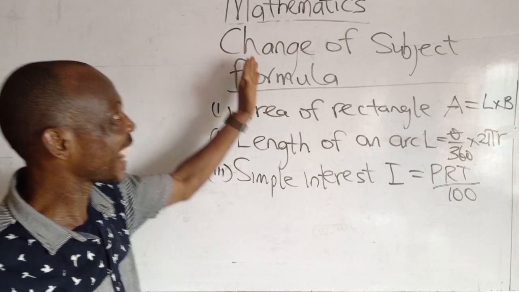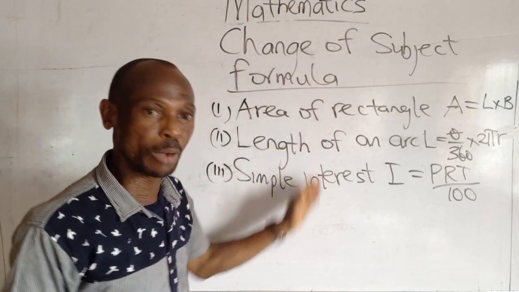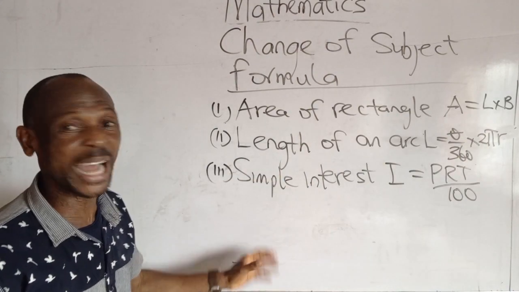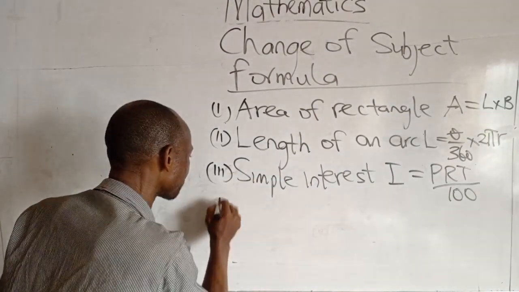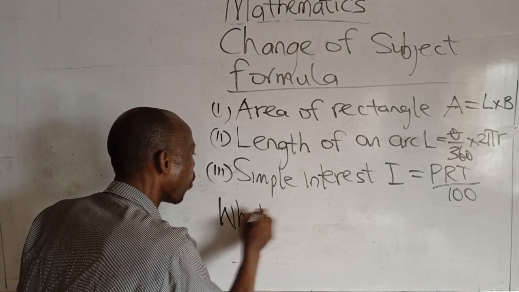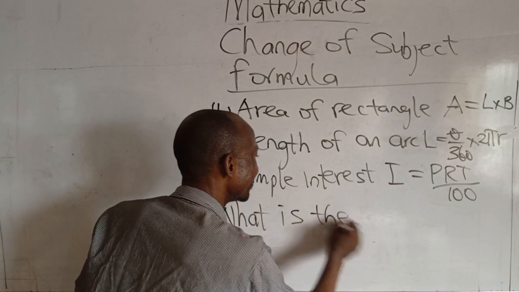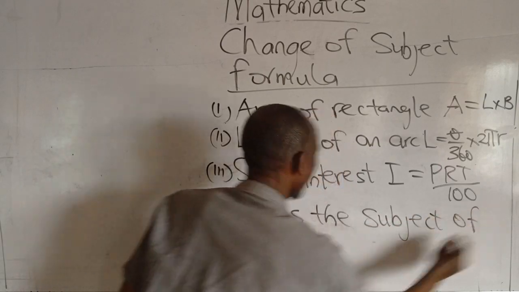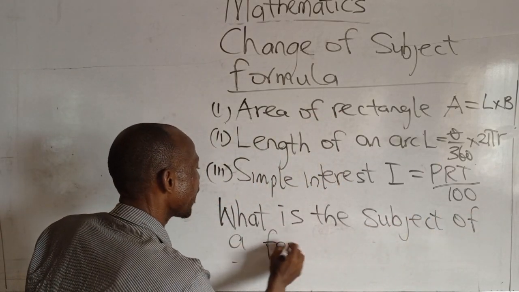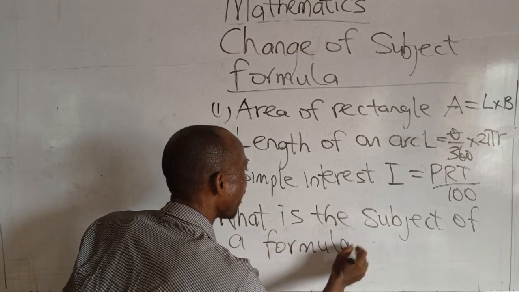We are talking about change of subject formula. Now we are going to look at what is the meaning of the subject of a formula. What is the subject of a formula?